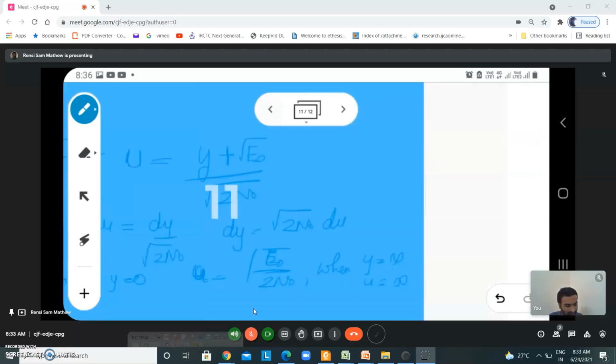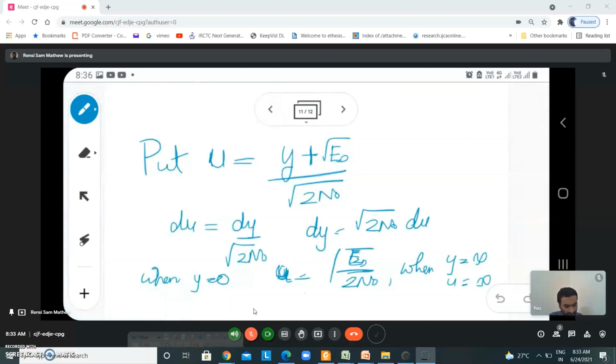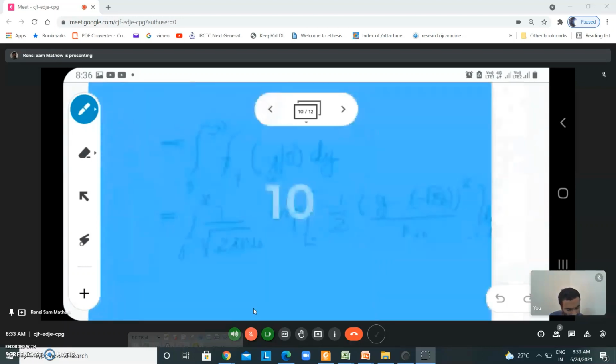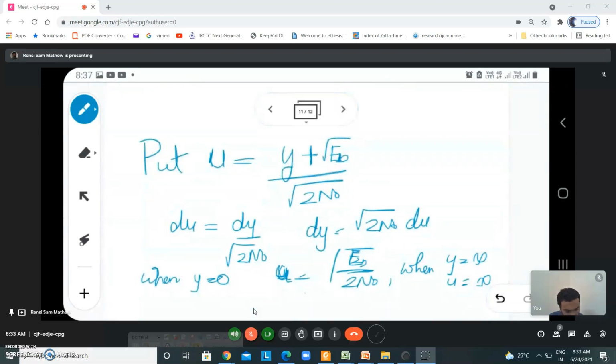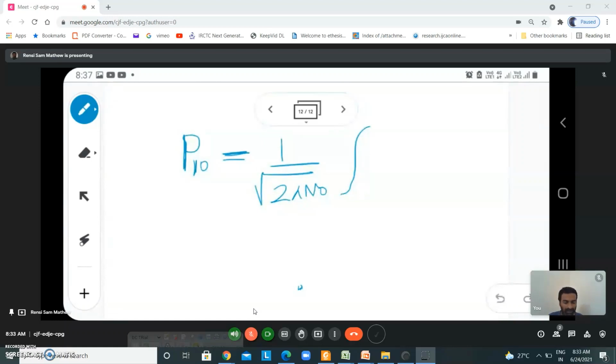Now the lower limit will be square root of Eb by 2N0, to infinity, of exponential of minus u square, into, instead of dy, square root of 2N0 into du.